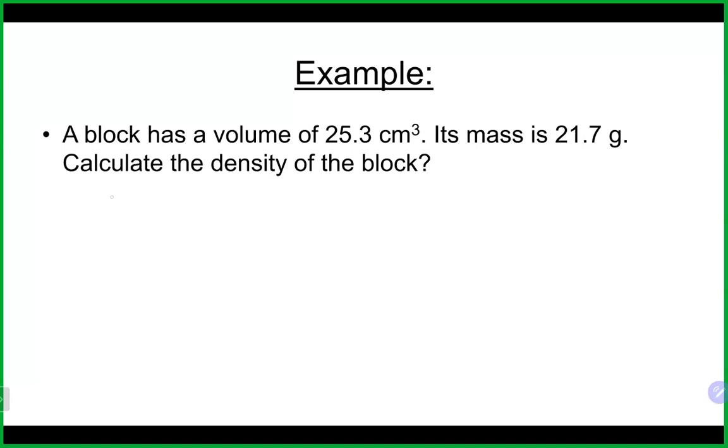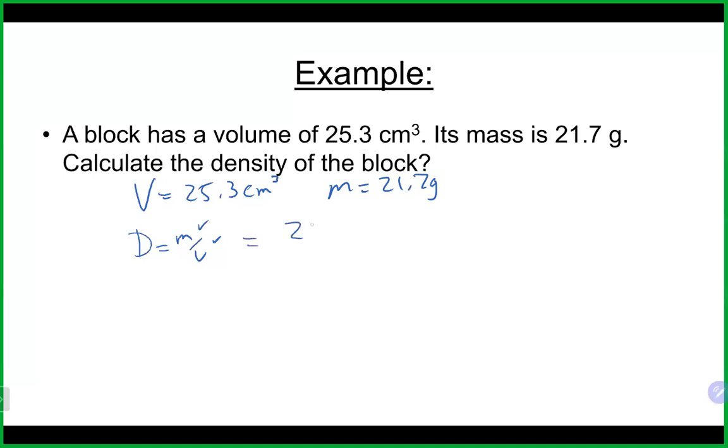So clearly we have a volume that is 25.3 cubic centimeters. By the way, that is a volume you probably got by taking length times width times height like we talked about previously. The mass here is 21.7 grams. So I have volume and mass, and I'm looking for density. I have everything I need just to plug it in.